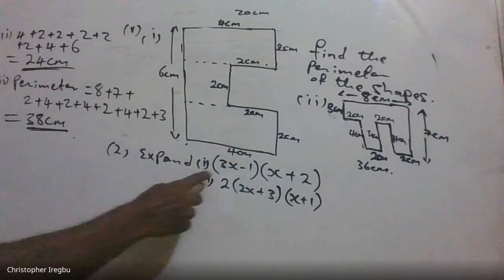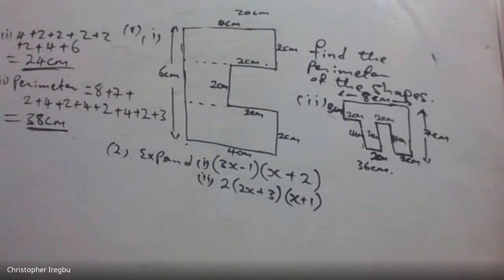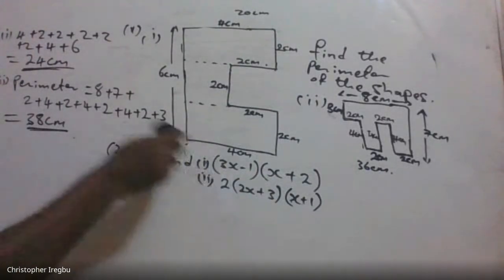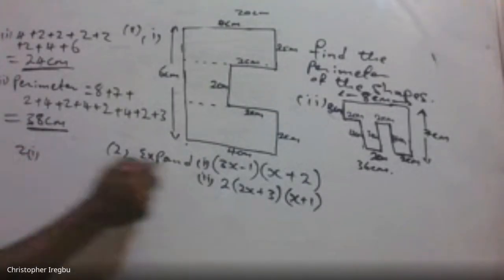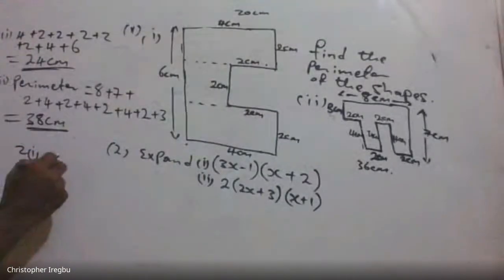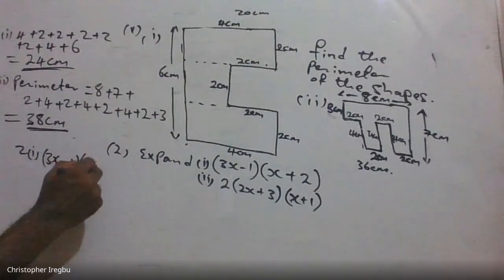Then the next question, 3x minus 1 into this. So this one is simple expansion. So let's take the first one. The first one now is number 2i: 3x minus 1 into x plus 2.